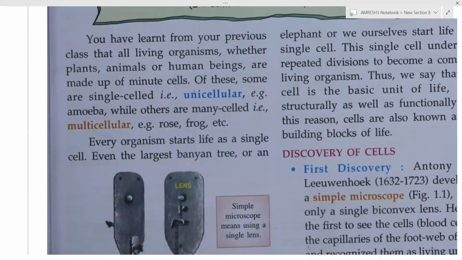We will join a number of bricks and that will form a wall, and we will join a number of walls that will form a room, and we will join a number of rooms that will form a home or a house. So for a house, the structural and functional unit is brick. From brick we will make wall, from wall we will make room, and from room we will make home.